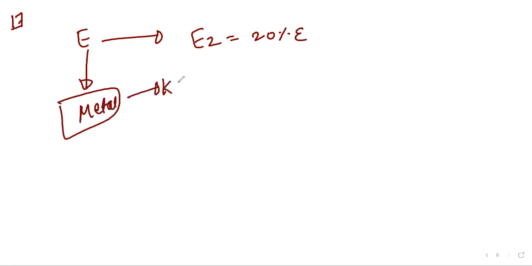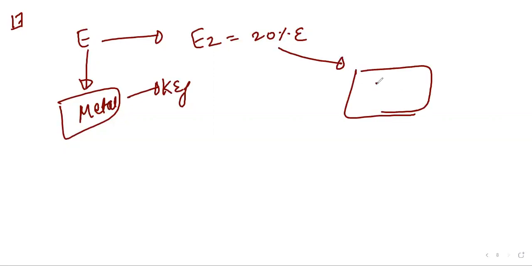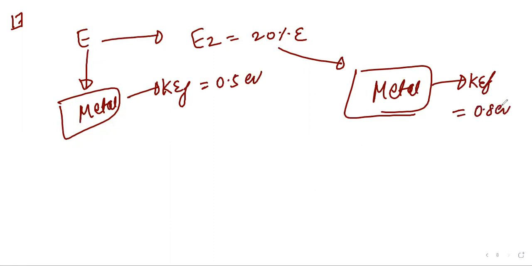So kinetic energy Kf. In the similar manner, when it is falling on this metal, so kinetic energy is given finally. So this is given 0.5 electron volt and increase to 0.8 electron volt. So work function you have to find, just find the work function. Work function will be same for those.